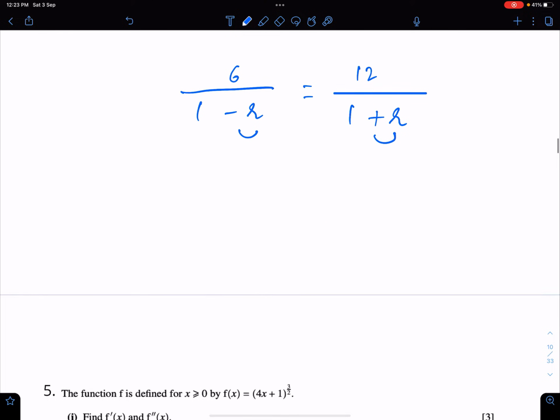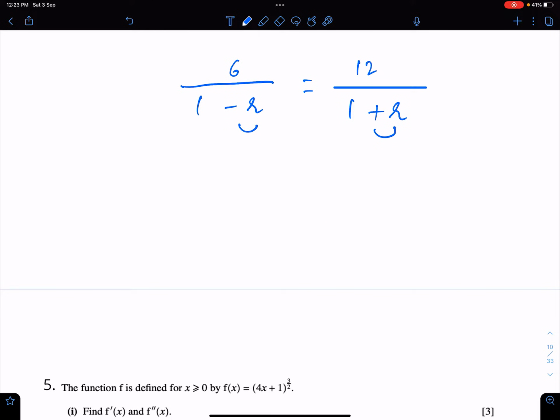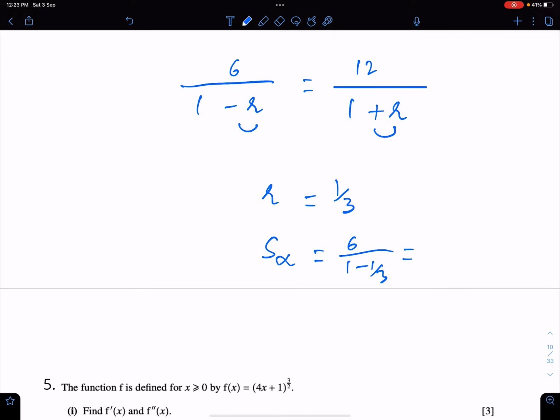For sequence Q, the first term is 12 upon 1 plus r, since its common ratio is minus r. When you solve this equation, you will get the value of r, which is 1 upon 3. And now you can easily get the sum to infinity. 6 upon 1 minus 1 upon 3, which is 9.